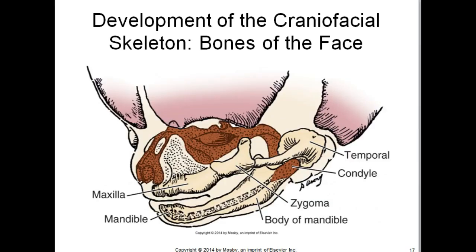This image shows the facial skeleton at the 12th prenatal week. The bony mandible grows laterally and posteriorly to join the bony body of the cartilaginous condyle. Together, the body of the mandible and the condyle replace Meckel's cartilage.